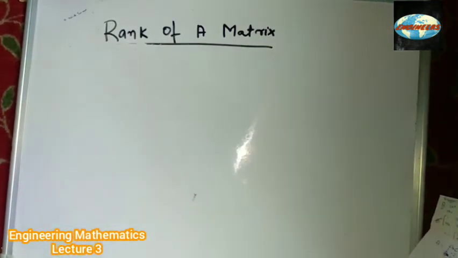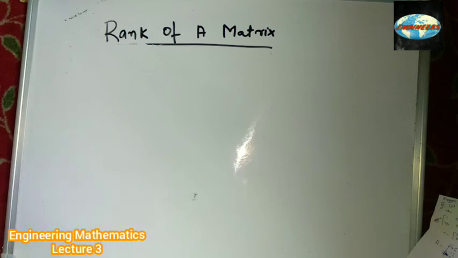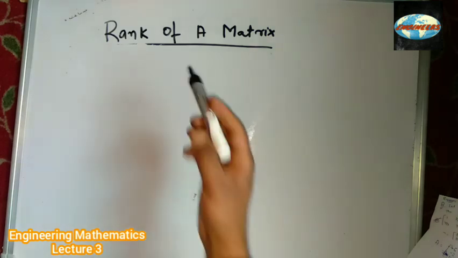Just remember the basic definition of the rank of a matrix: the maximum number of independent rows or columns. If you are solving any question, try to make the matrix in echelon form.